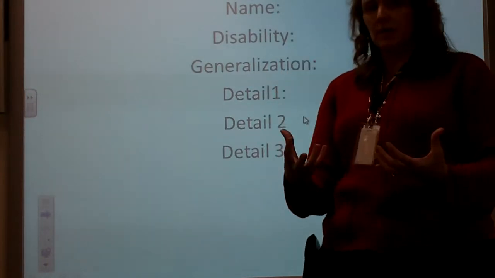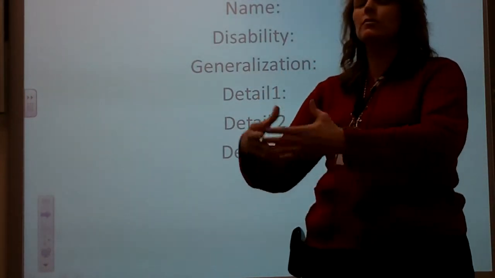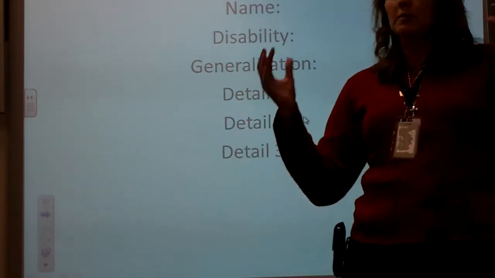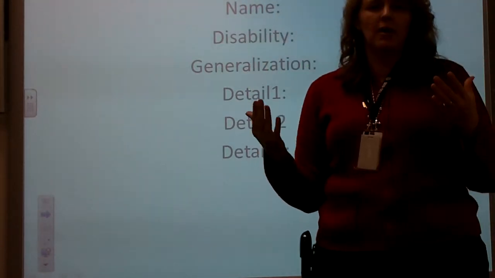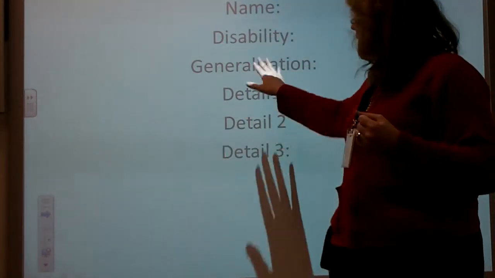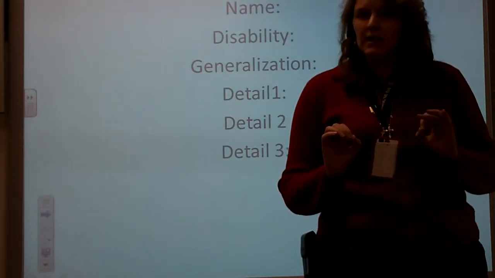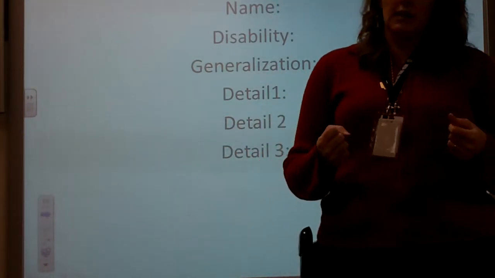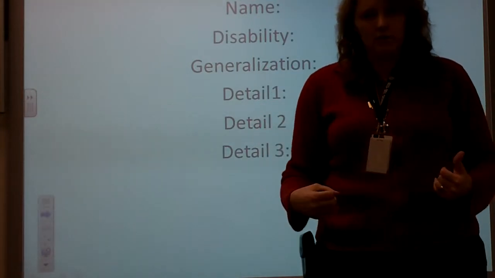If I'm writing about Emily, and I was going to go to a room where there's a whole bunch of people that were very, very much like Emily, what would I notice about that whole group of individuals? What would I see in general about that population, that group? Okay? That's what you write for your generalization. It's not specifically about Emily. It's about that whole group of people that would be similar to Emily. Okay? So that's what you're going to do on each one of your cards.